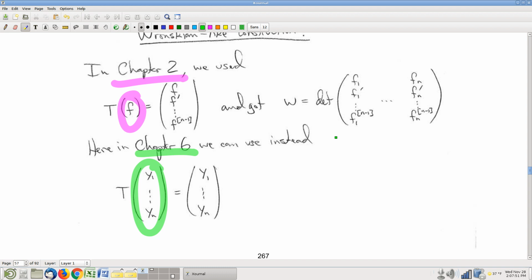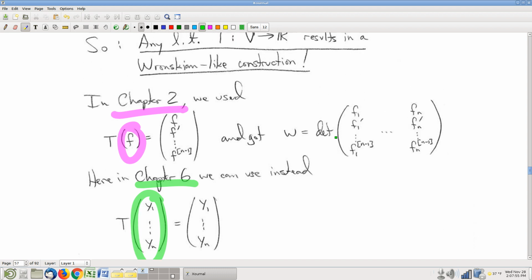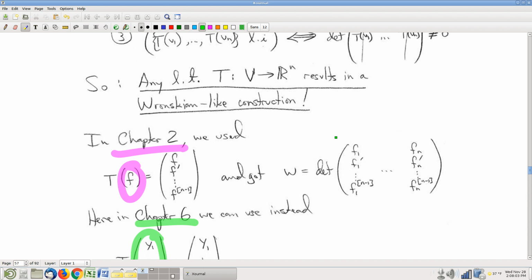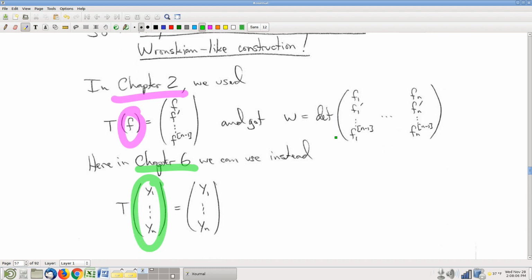Up in Chapter 2, we had this way of getting vectors out of what we were dealing with. What we need now is some linear transformation that will turn vectors into vectors. Any linear transformation that turns vectors into vectors will do.